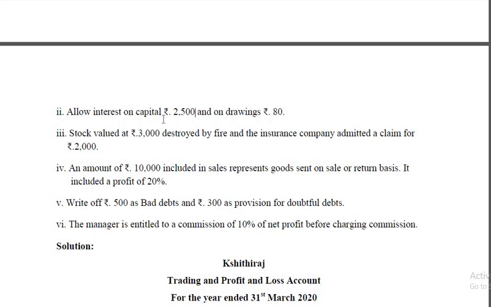Profit and loss account should be credited with 80 rupees as interest on drawings. And in the balance sheet, interest on drawings should be added to drawings and total drawings should be deducted from capital. Okay, this is about the second adjustment.